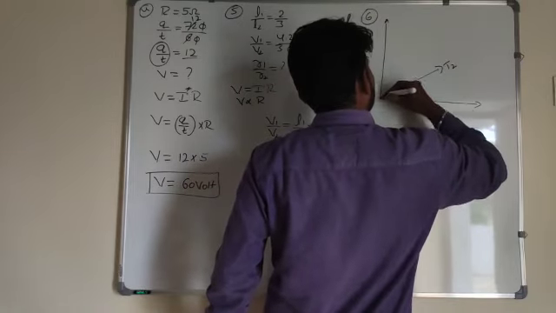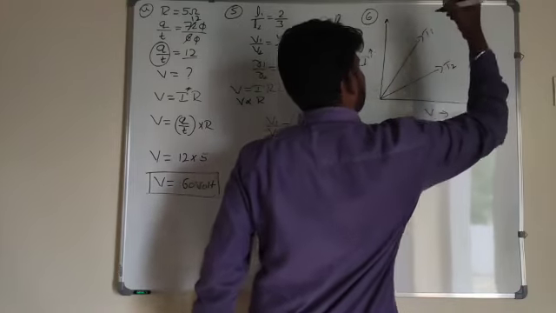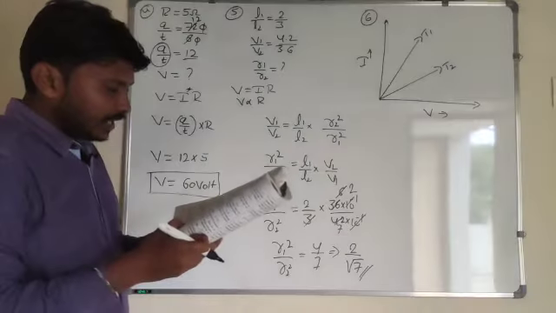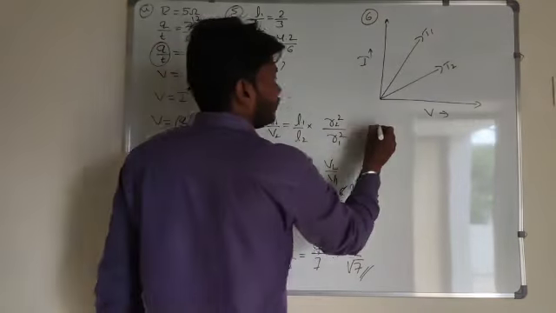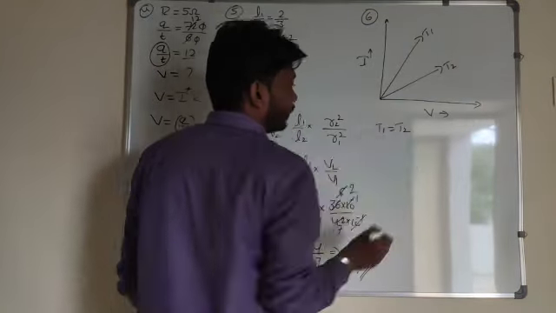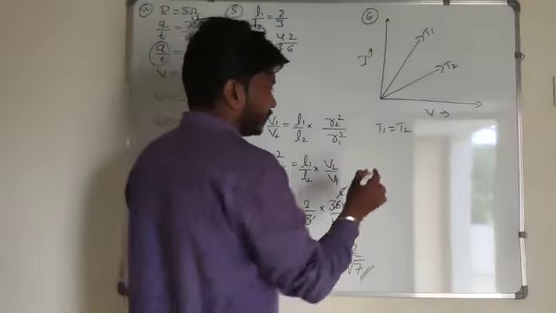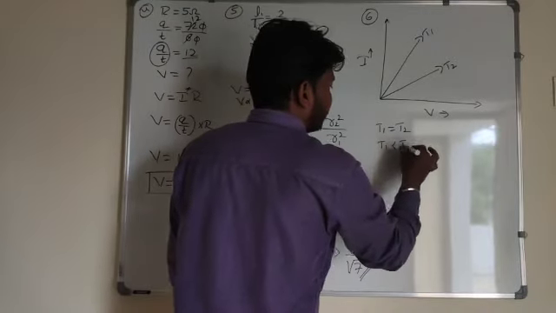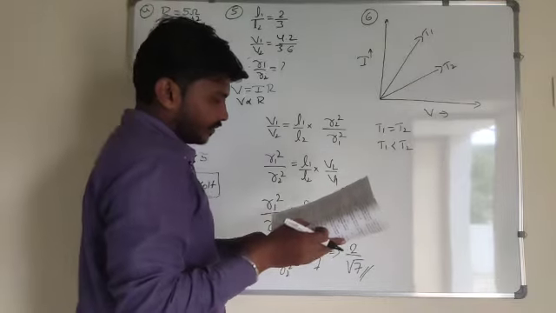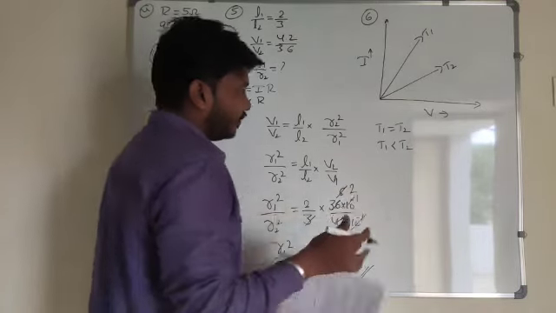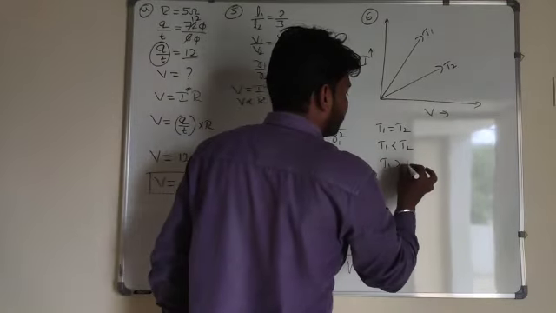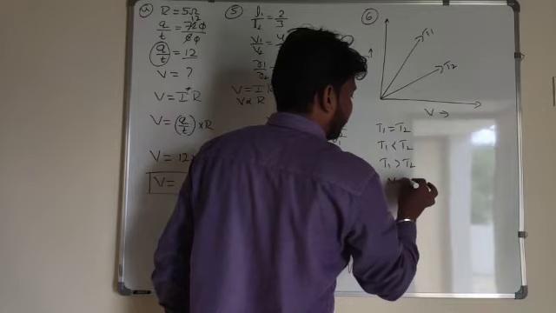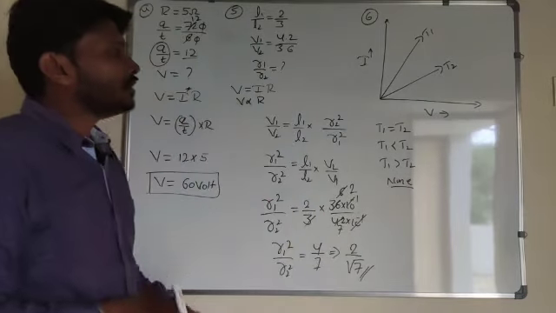So this one is T2 and this is T1 here. In the options they mention T1 is equal to T2, or T1 is less than T2, or T1 is greater than T2, and none of the above. So which answer is right here?